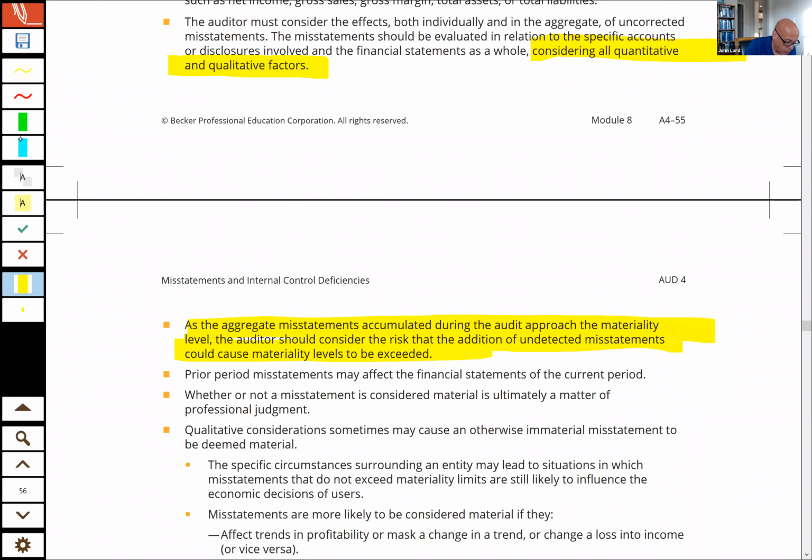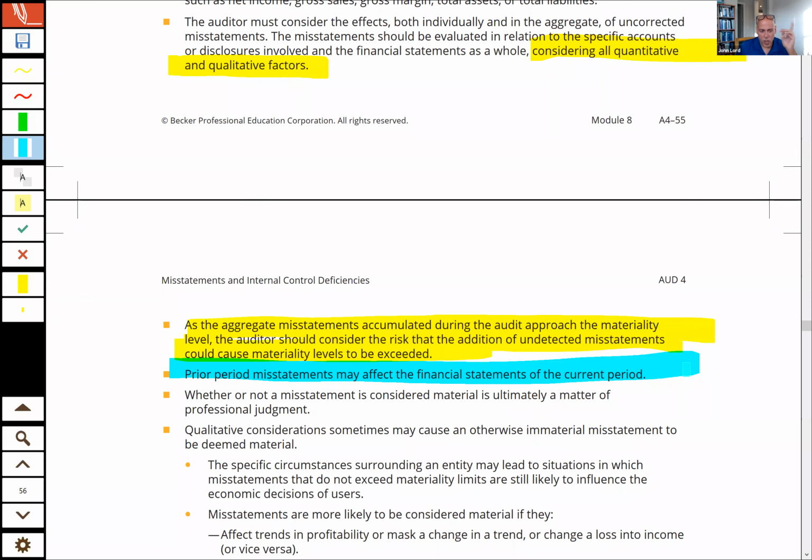Now, prior period misstatements may affect the financial statements of the current period. I always point out to my students the example we had in the audit sampling module, where we did the dollar unit sample.